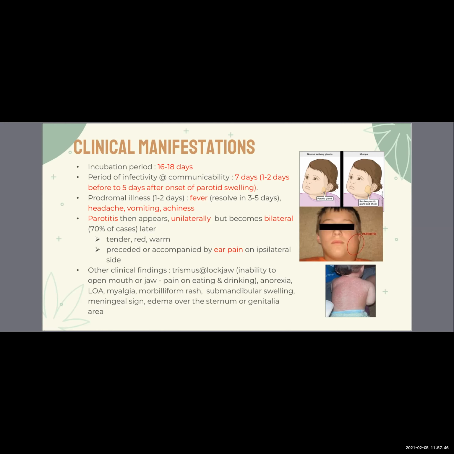Apart from parotid swelling, submandibular swelling can also be involved in mumps virus, with or without parotid swelling. And other clinical findings are meningeal signs and edema over the sternum or genitalia area.